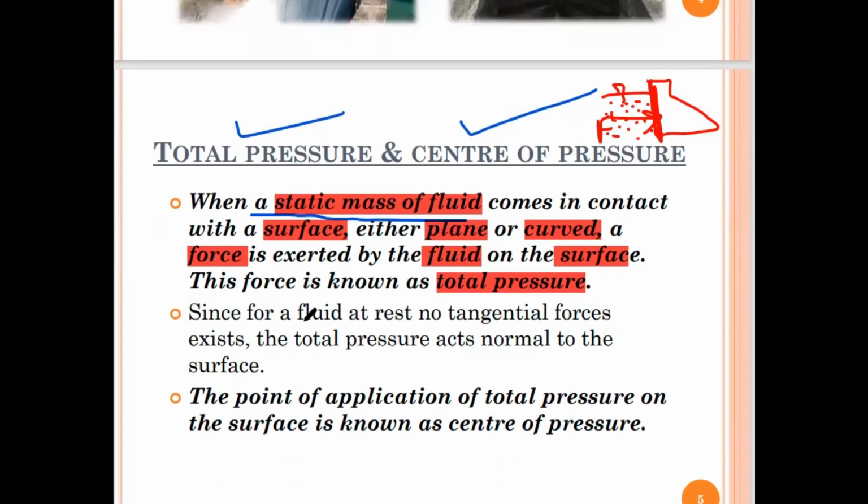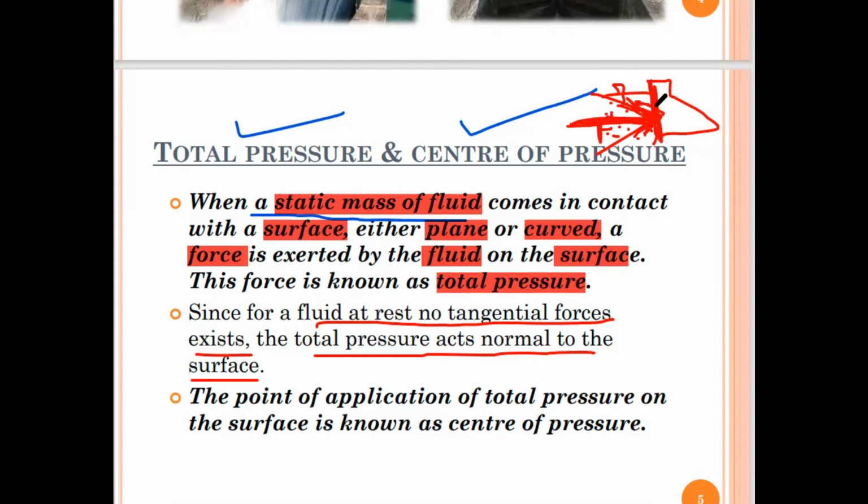Since for a fluid at rest no tangential forces exist, the total pressure acts normal to the surface. Here there are no tangential forces, meaning no inclined forces act on this surface. So whatever force or pressure is exerted by the fluid will always act normal, perpendicular to the plane of the surface.